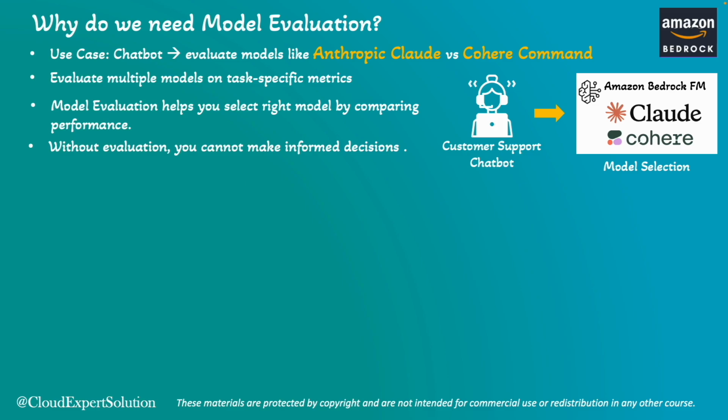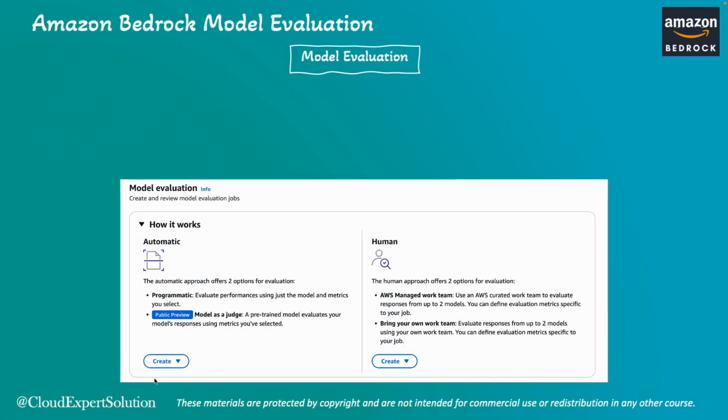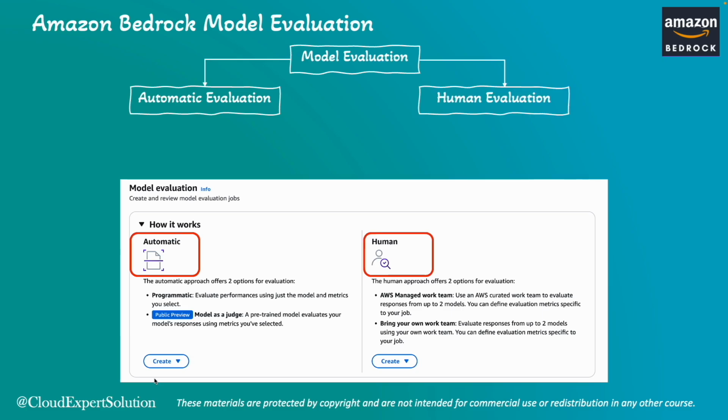Now you have a clear idea of why we need model evaluation to select the optimal foundation model for our use case. Let's explore the model evaluation techniques currently supported by Amazon Bedrock. There are two main approaches, automatic evaluation and human evaluation. The automatic evaluation approach offers two evaluation options, programmatic evaluation and model as judge.